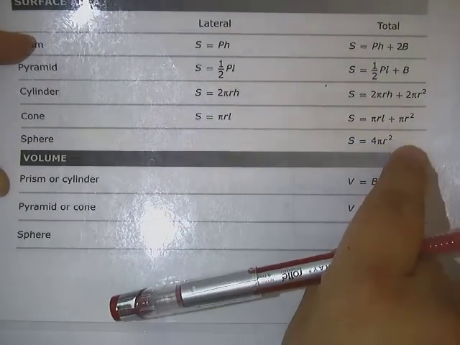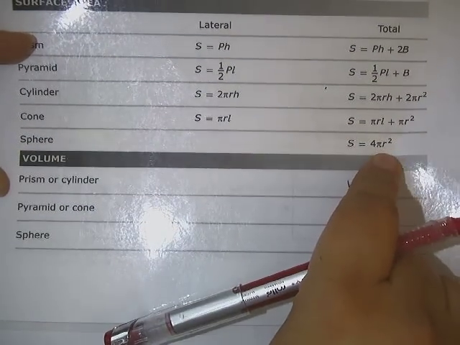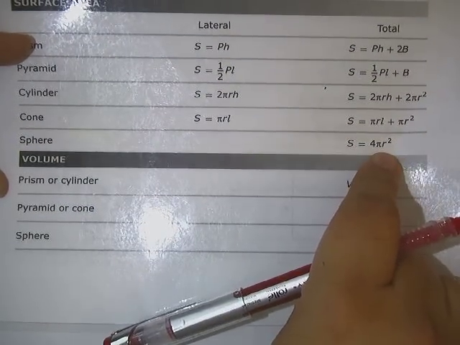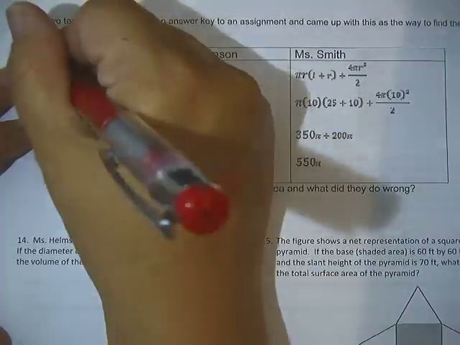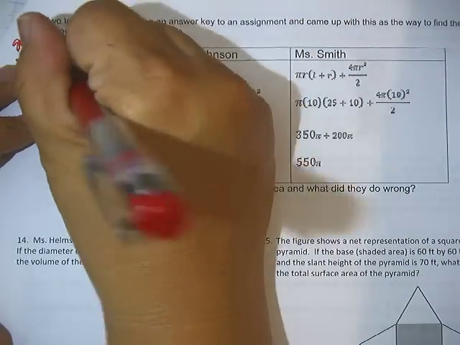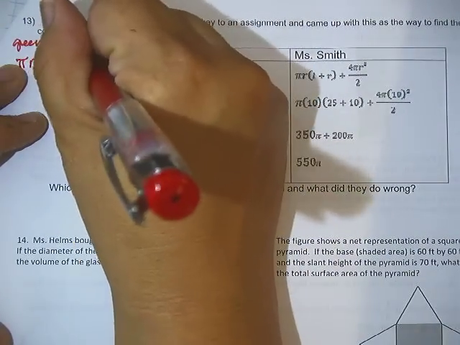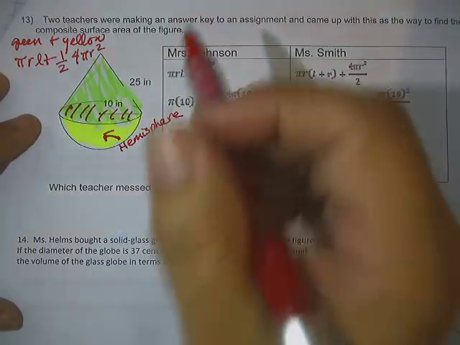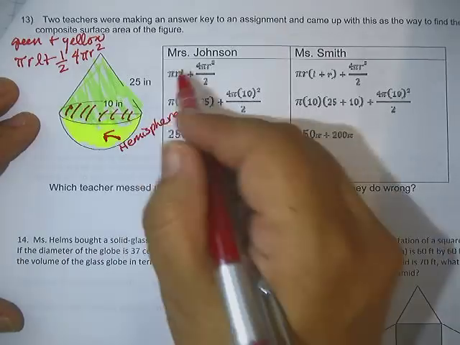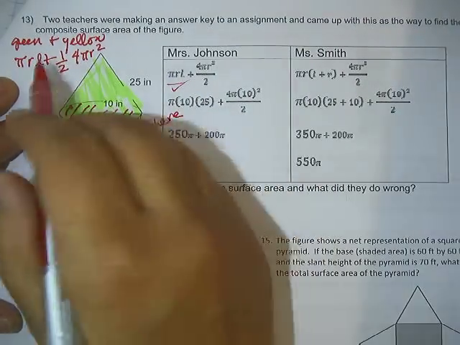For the sphere, there's only total. Why is there no lateral? Spheres don't really have different sides. It's all one surface. So I'm going to use 4 pi r squared, exactly as it appears in the math chart, but I'm doing half of it because I have half a sphere. So I can actually compare my answers right now. Pi r l, yep.